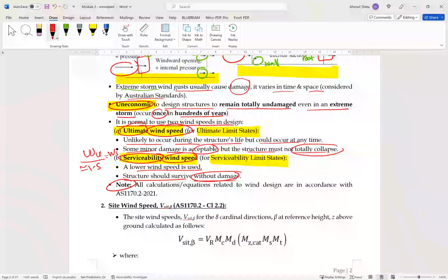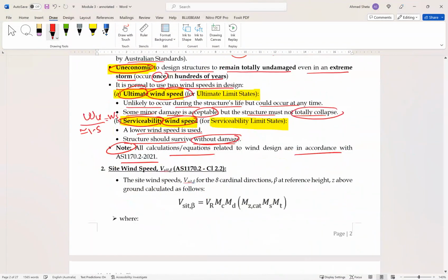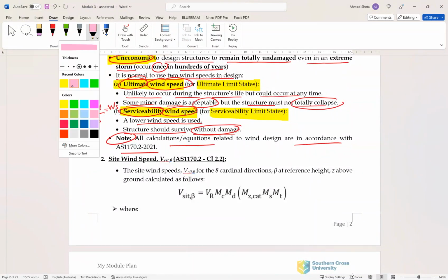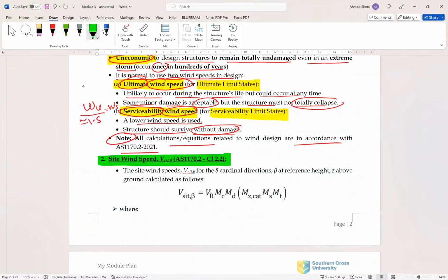We have to note that all calculation equations related to the wind speeds are from 1170.2 2021, which is the latest version of the standard. So the first point in our calculation is site wind speed, V sit beta, which you can find in clause 2.2.